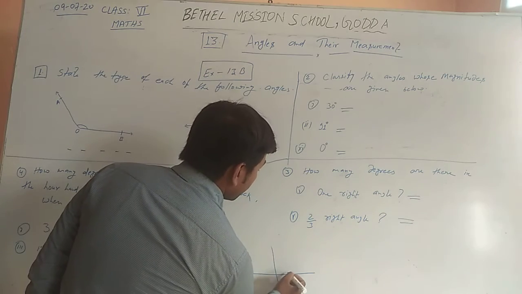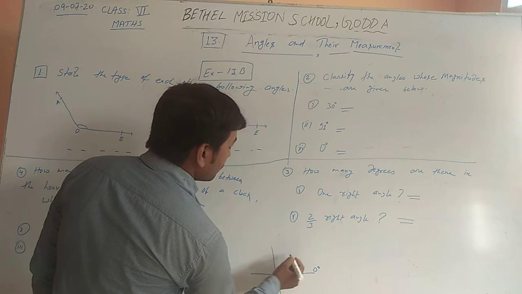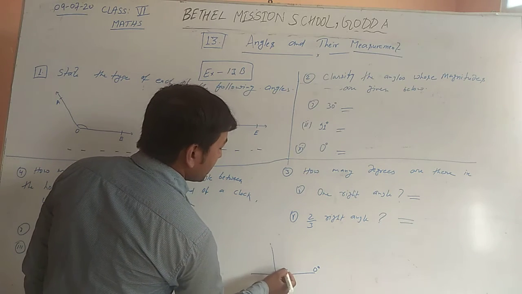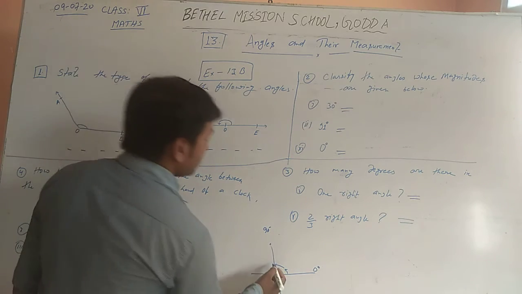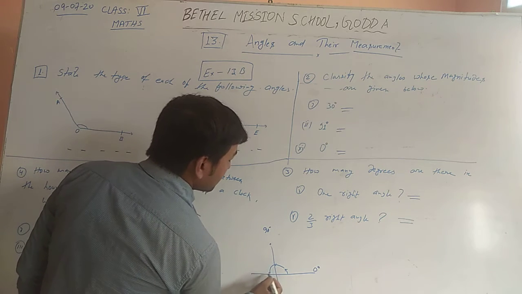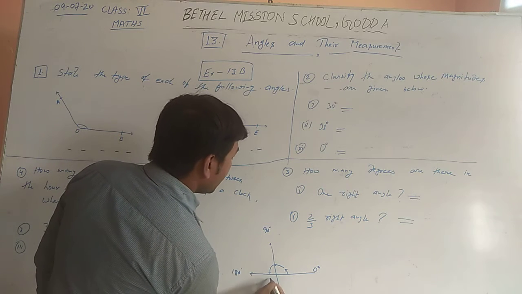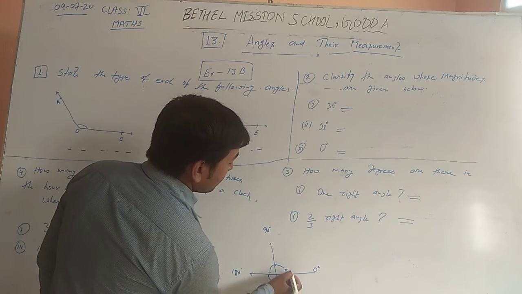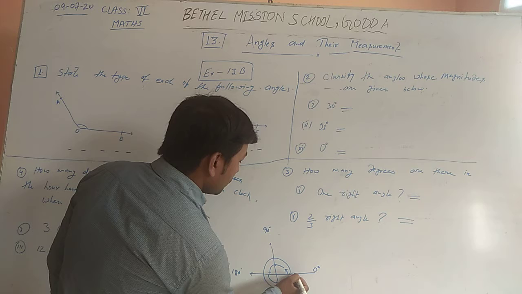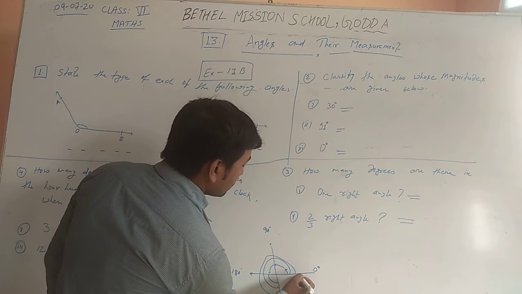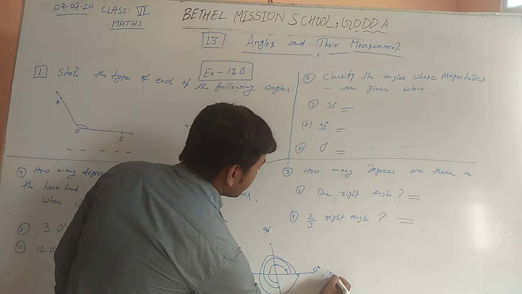If you start from here to move, then this is 0 degree, and when you move from here to here, this is 90 degree, and when you move more, up to this line, it becomes 180 degree, and from here this is 270 degree, and when you move from 0 to 0 again, the whole turn, this becomes 360 degree.